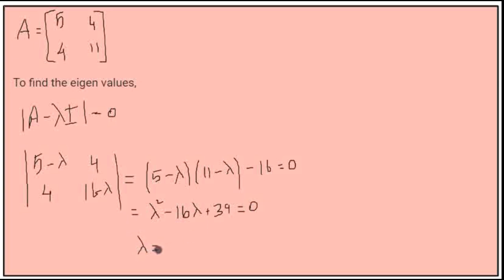The roots can be calculated using the formula minus b plus or minus square root of b squared minus 4ac, divided by 2a. Here b is minus 16, a is 1 and c is 39.